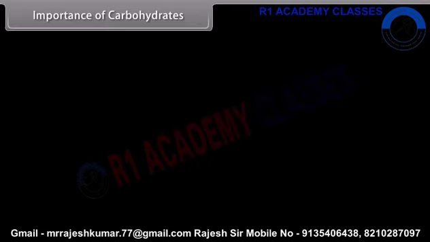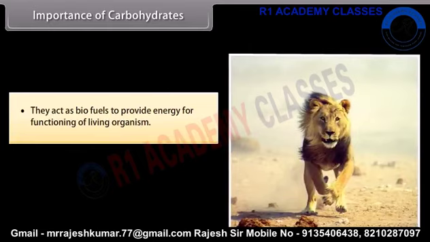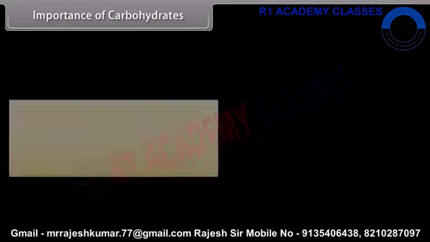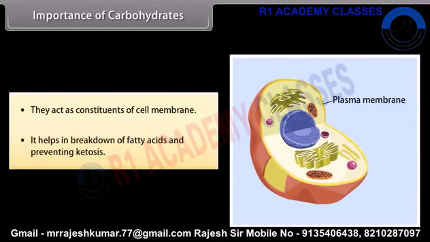Importance of carbohydrates. They act as biofuels to provide energy for functioning of living organisms. They act as constituents of cell membrane. They help in breakdown of fatty acids and preventing ketosis.